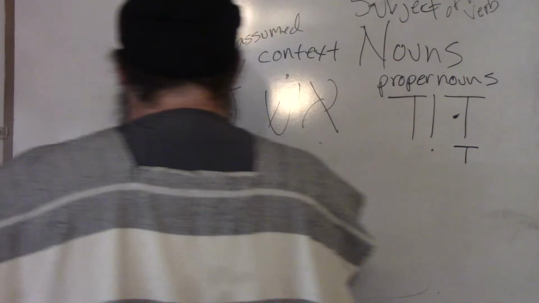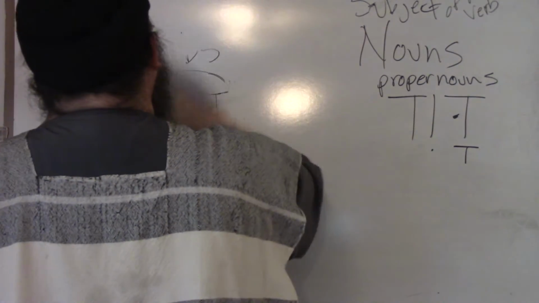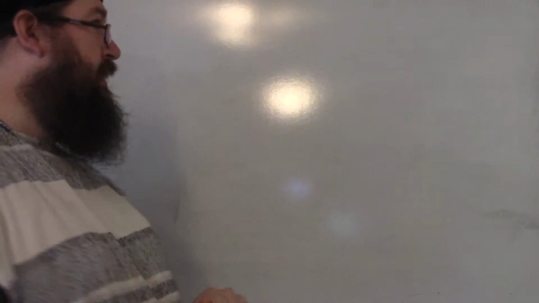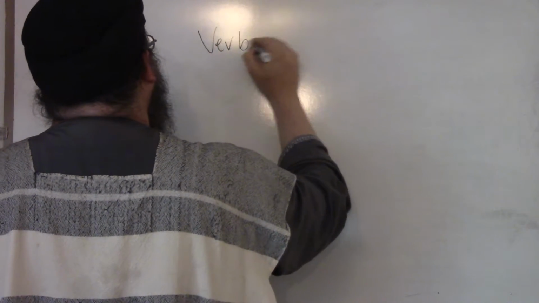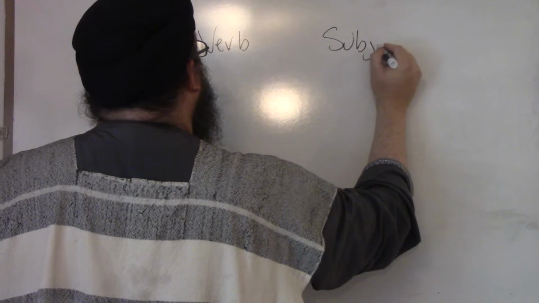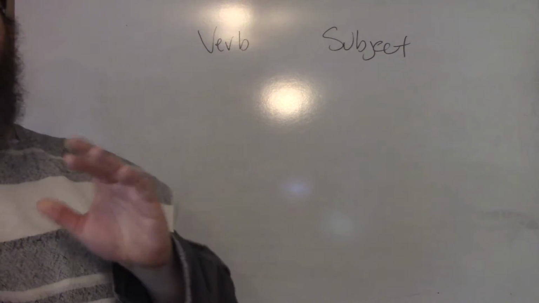So now, moving on, let's go over some of the things that we were talking about earlier. Okay? So here, we have to remember some of the major points when it comes to verb and subject. So in verb and subject, we always have to remind ourselves this.